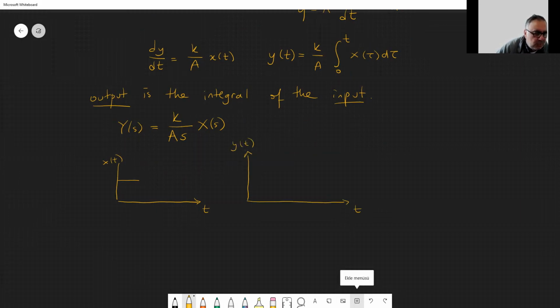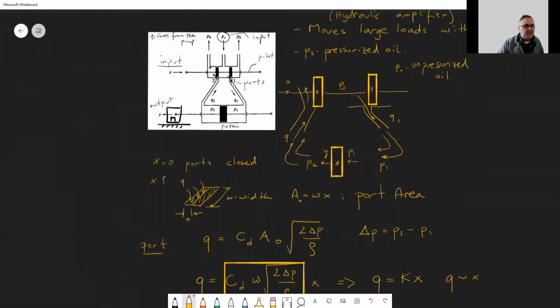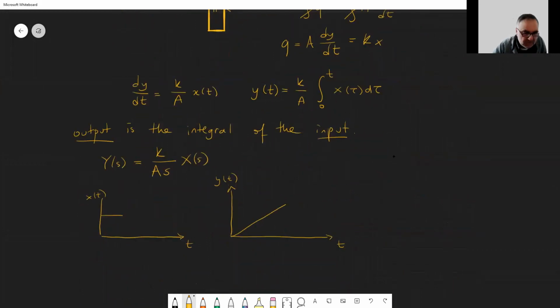It is going to integrate this; it is the area underneath this curve. So this will be increasing like this. Basically, if you push x a little bit, flow starts coming in and it starts pushing the piston, and pushes it. Eventually, of course, the piston comes to a stop. It cannot move anymore, and then it will go on like this. But in this portion, the output is going to be the integral of the input.